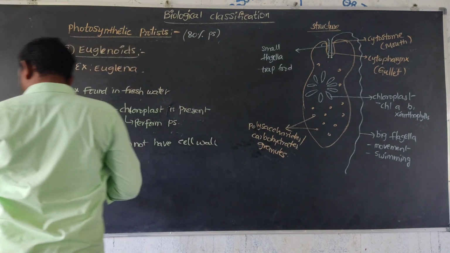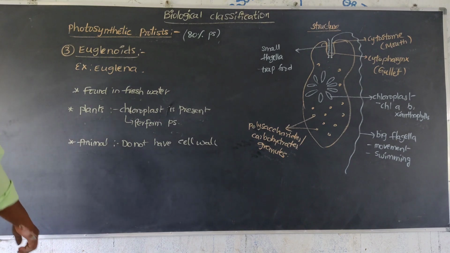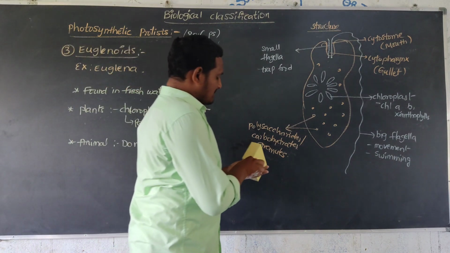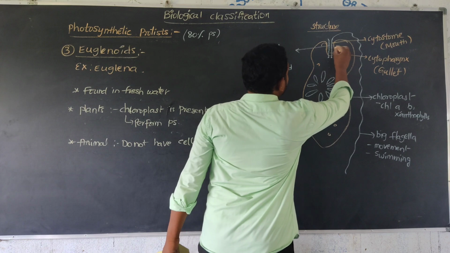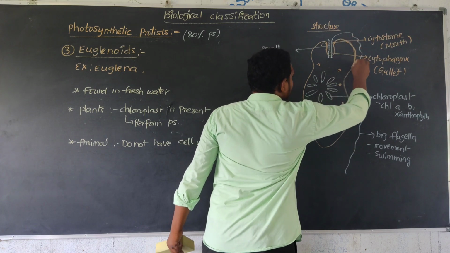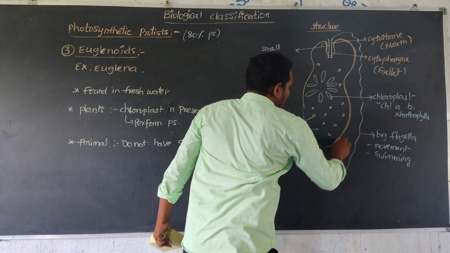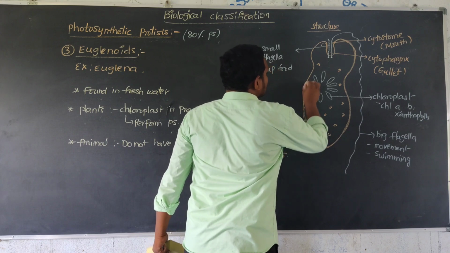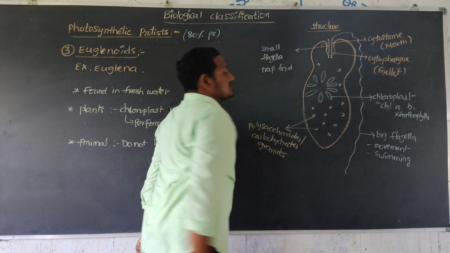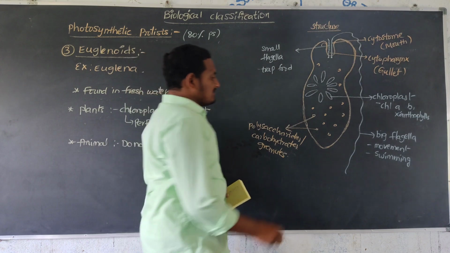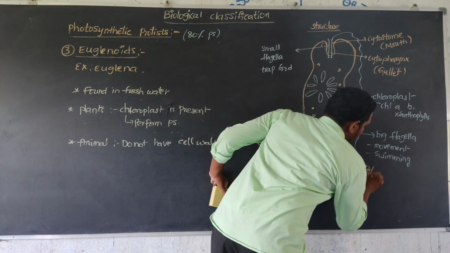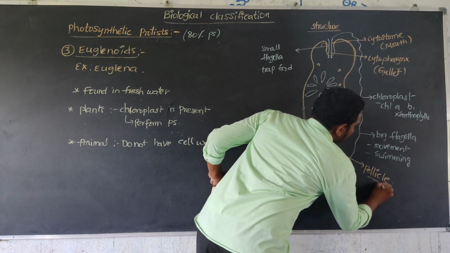Next, reproduction. Before that, one thing is that a membrane covers the Euglena body. Euglena body is covered with one layer. It is not a cell wall, it is the pellicle.